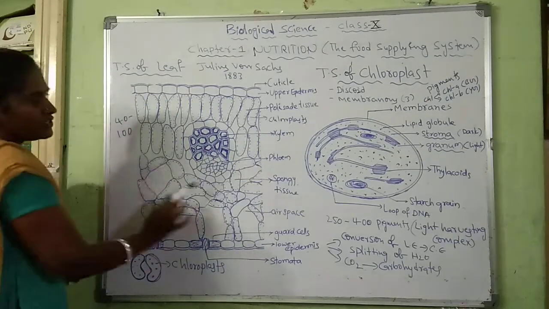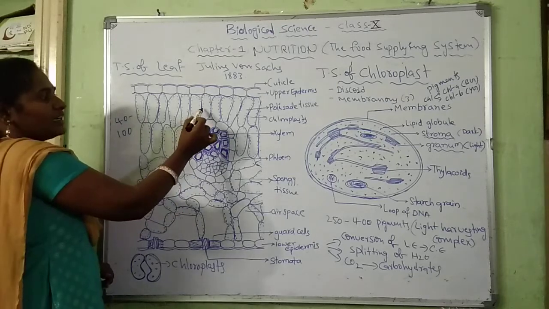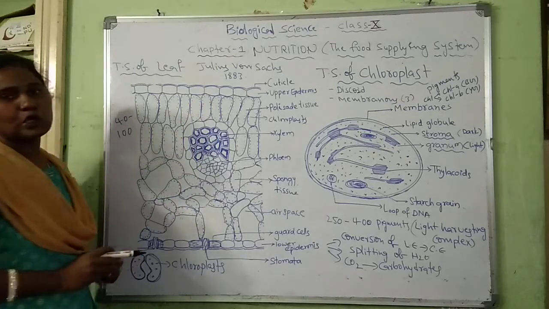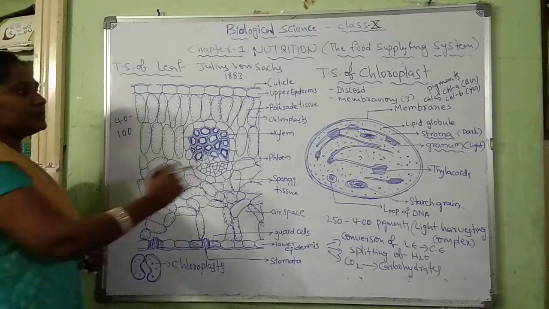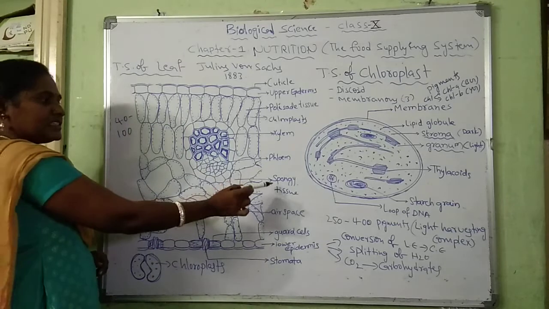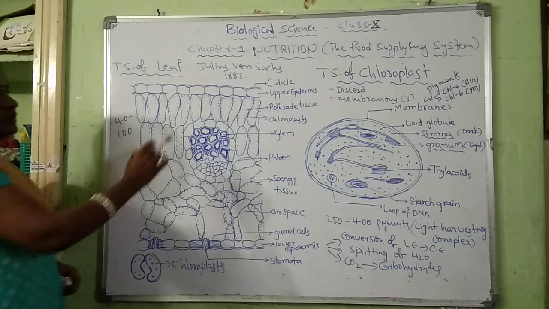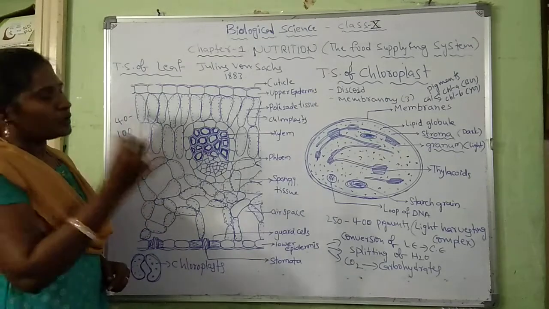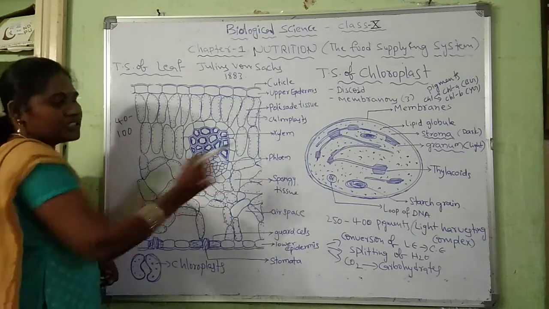So this is the structure, and the dot-like structures you are observing here are chloroplasts. Abundant chloroplasts are present in the palisade tissue, the mesophyll tissue, and also in the stomata. There are many more chloroplasts in the palisade tissue when compared to the spongy tissue.